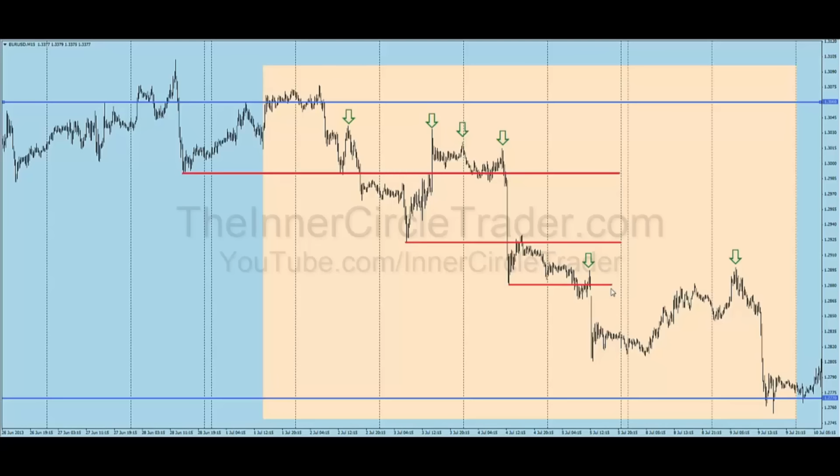Yeah. Those guys sometimes in the street get it right. But do you think the elephant really wants them in the pool with them? No. Okay, so what's going to happen? Well, they're going to be short, and they're going to use this old high as a level to do what? Protect their position, right?